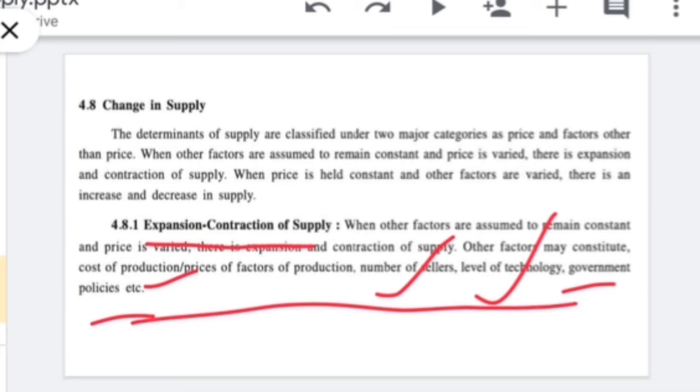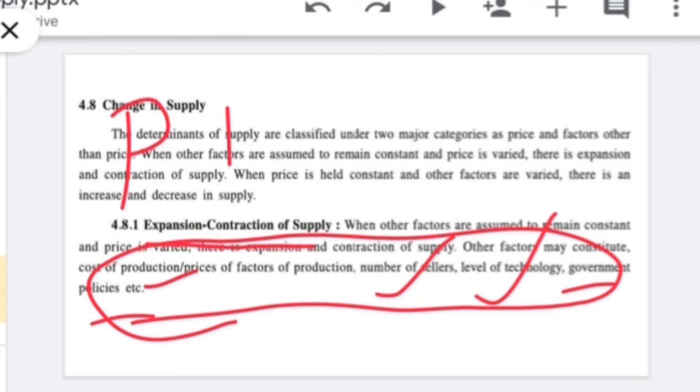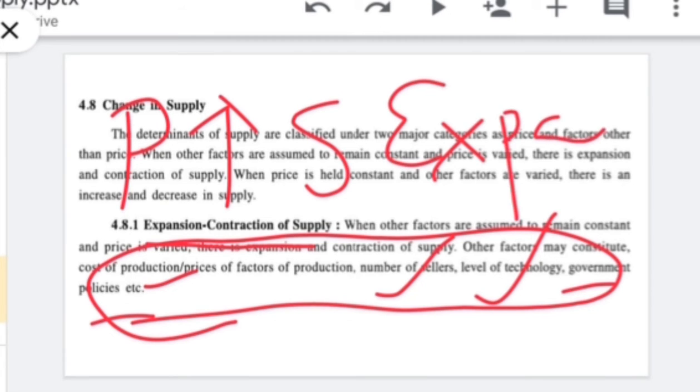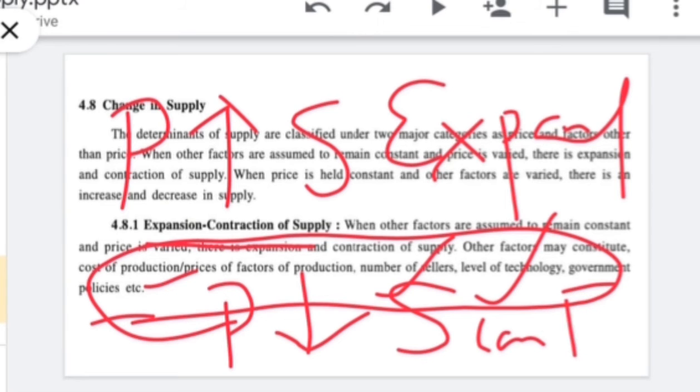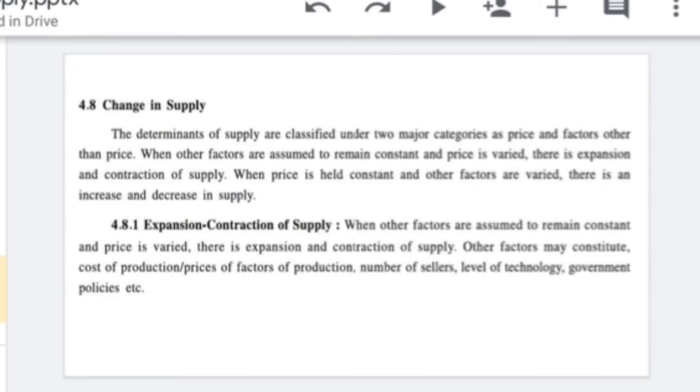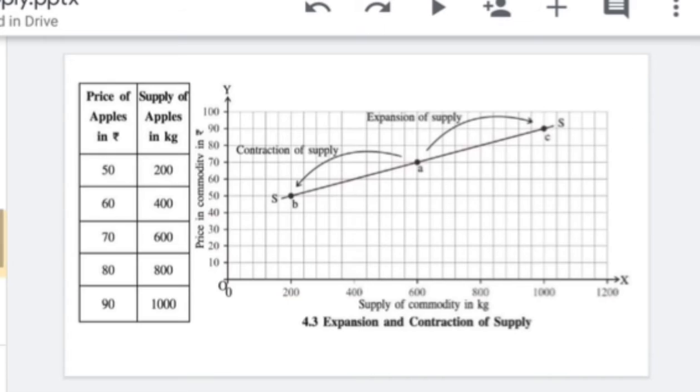When these factors remain the same, then only we can say that when price rises, supply expands. When price rises, supply expands. And when price decreases, supply contracts. So this is the concept of expansion and contraction of supply.